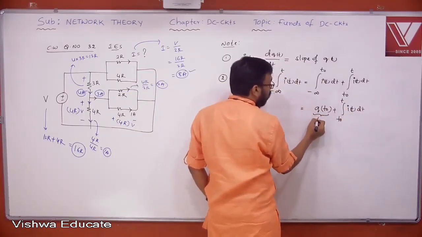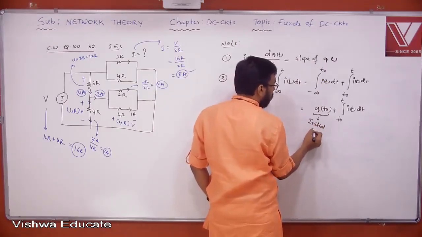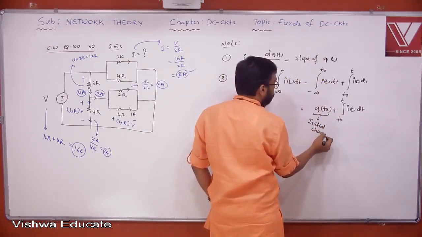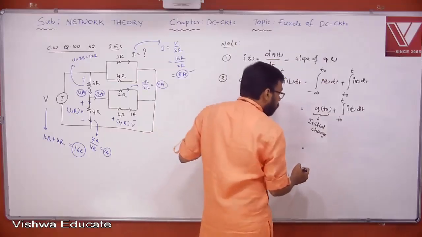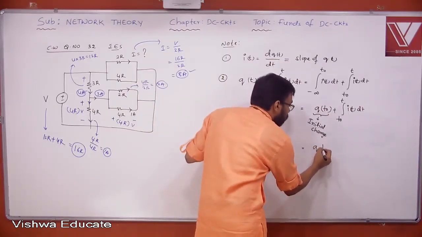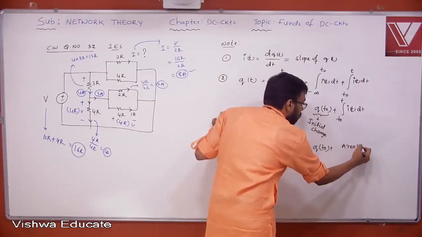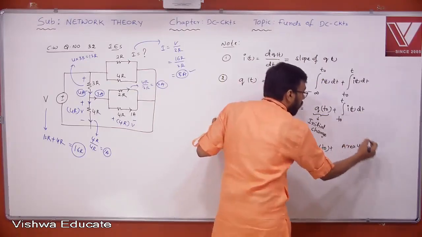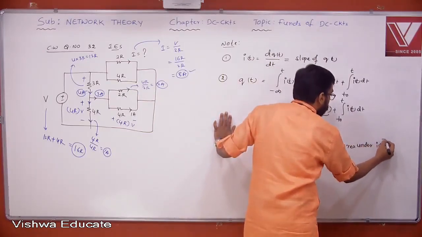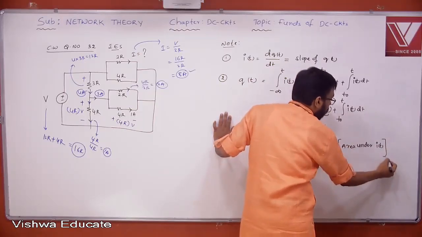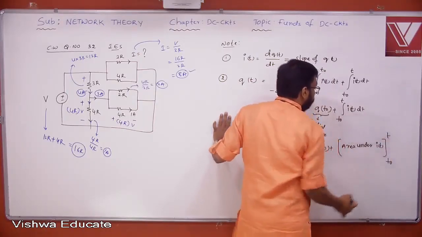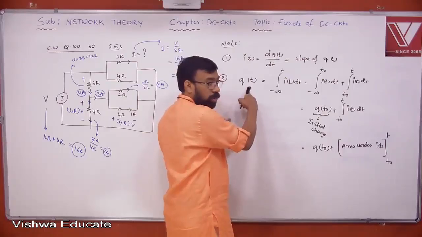This is called the initial charge. Now look at this: initial charge plus the area under I of t over the limits t naught to t will give you q of t.